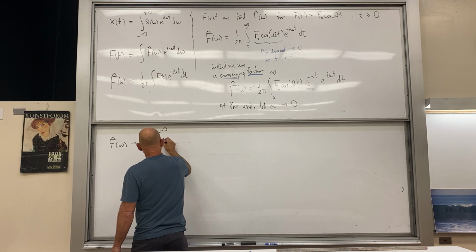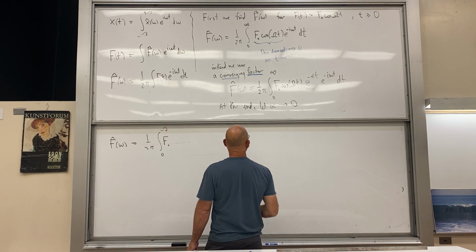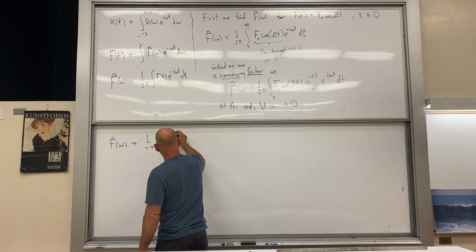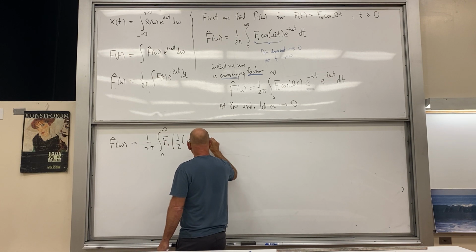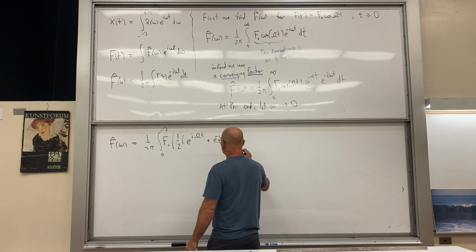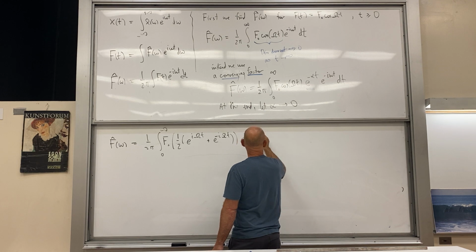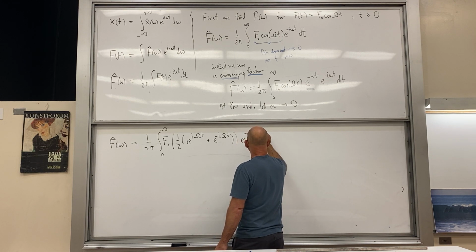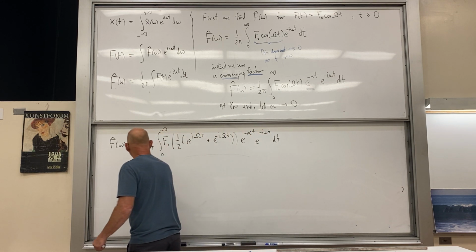We've got an f naught here. Now, the cosine omega t, we can write as 1/2 times e to the i omega t plus e to the minus i omega t. And then we have e to the minus alpha t, e to the minus i, lowercase omega t.